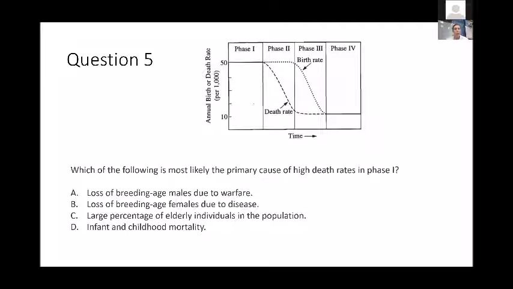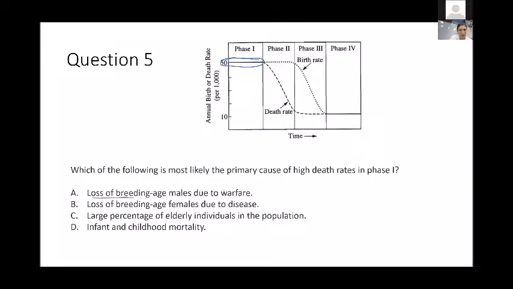Which of the following is most likely the primary cause of high death rates in phase 1? So remember, phase one, that's that pre-transitional state within the country. So you've got high birth rates and you've also got high death rates. So why is this occurring?